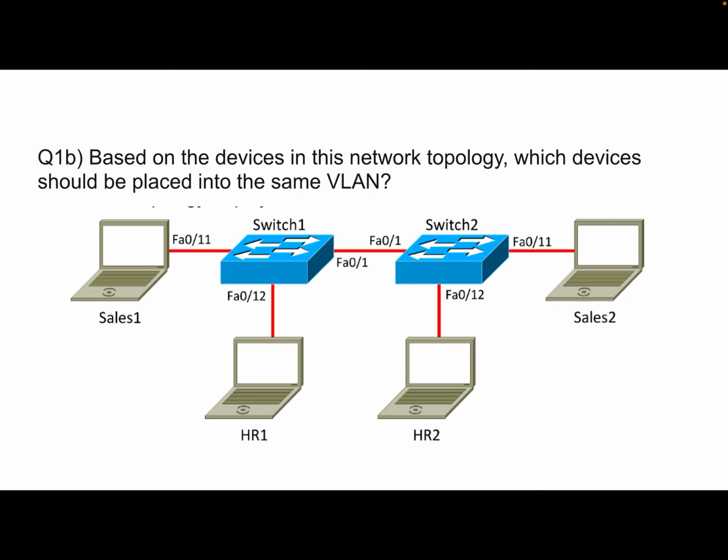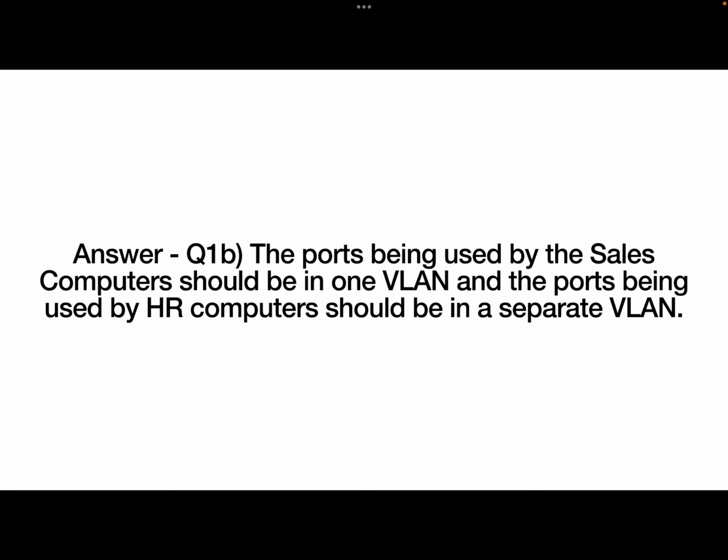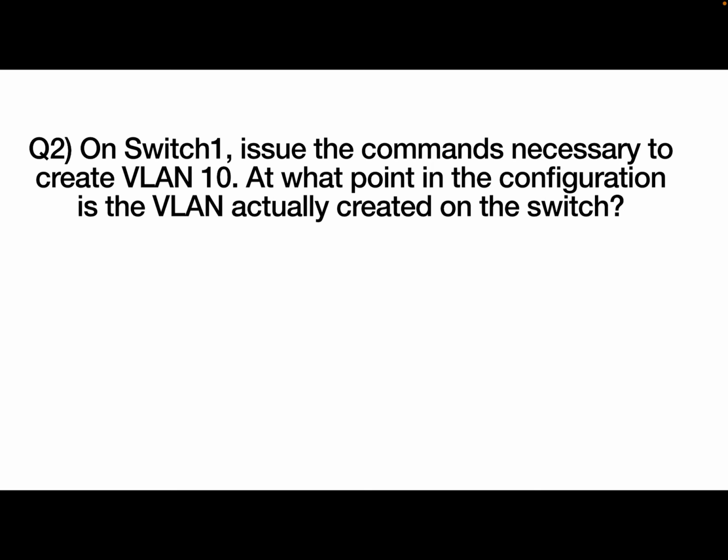If the HR want to communicate with each other, the HR laptops should be in the same VLAN. So the ports being used by the sales computers should be in one VLAN, and the ports being used by HR computers should be in a separate VLAN. So you can have one VLAN for sales computers 1 and 2, and then an HR VLAN which will connect HR computers 1 and 2.